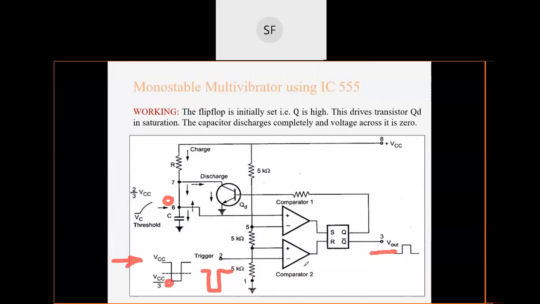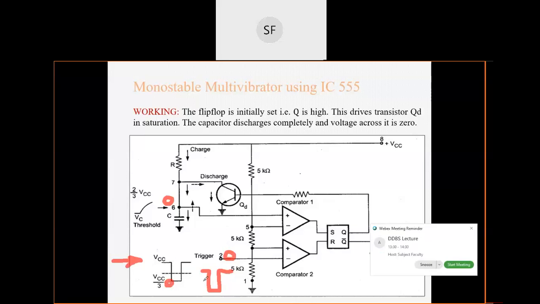Now we are looking at this comparator. So the trigger is nothing but one of the terminals of comparator 2. It is the inverting terminal of comparator 2. So currently at this point, what will be the value of the trigger? It will be 0, because you are giving a negative edge trigger, a negative trigger.